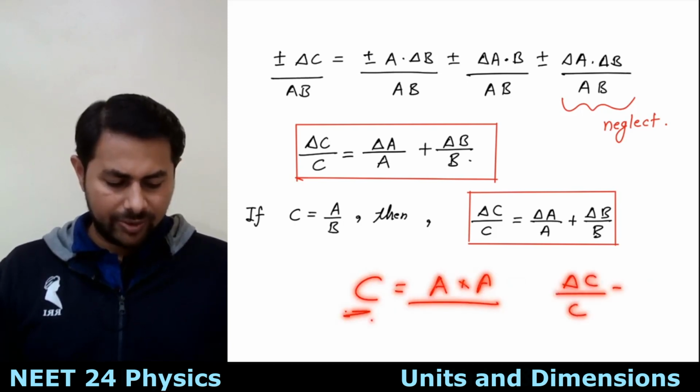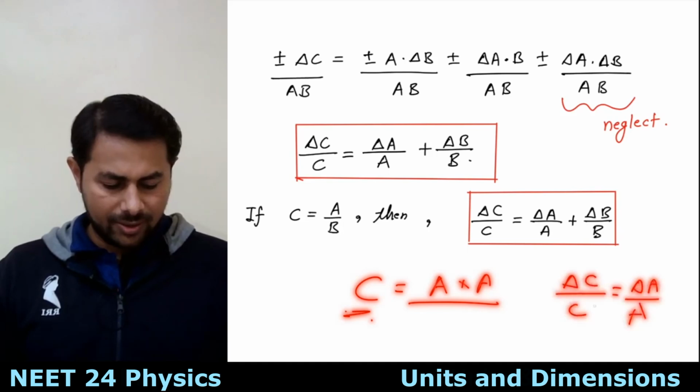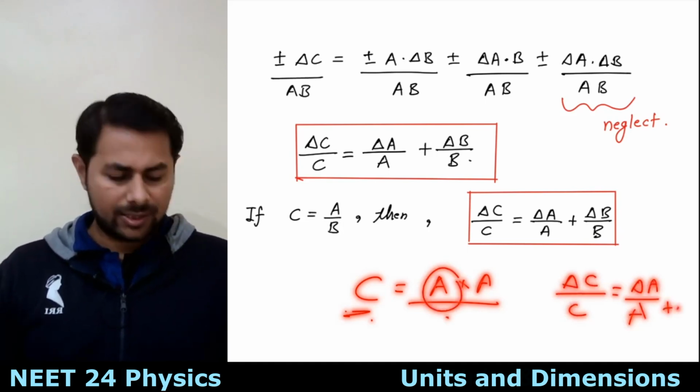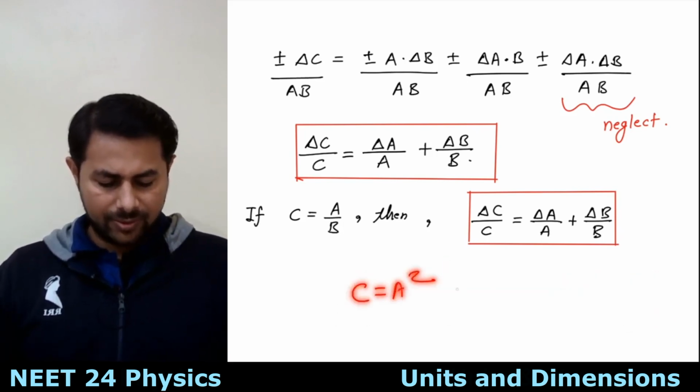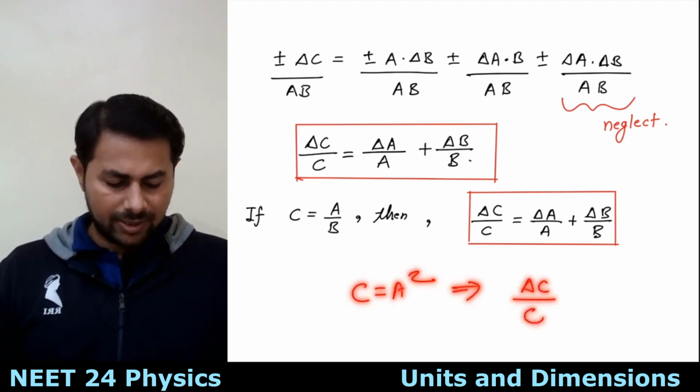Delta C by C will be equal to delta A by A, the relative error in the first quantity, plus the relative error in the second quantity, that is also delta A by A. So if C is equal to A square, then delta C by C will be equal to 2 times delta A divided by A.